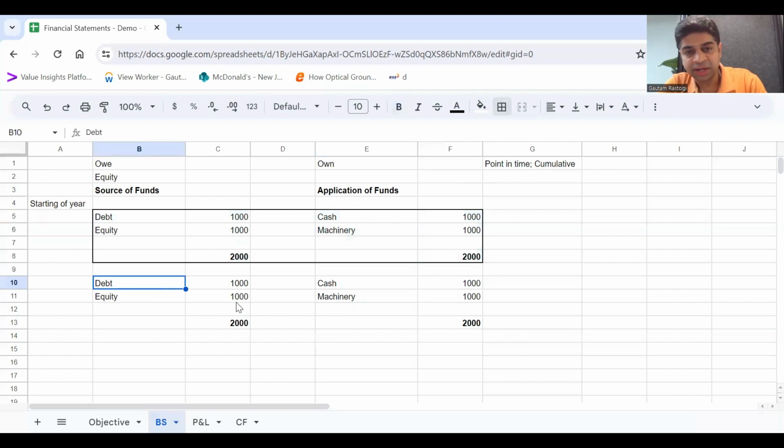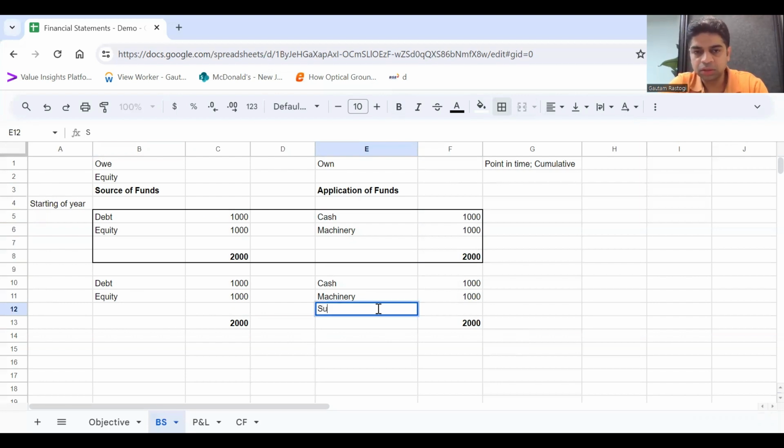Okay. So you realize that somewhere down the line, you need some more supplies to make your product. So again, that goes on your books. You purchase $500 worth of supplies.